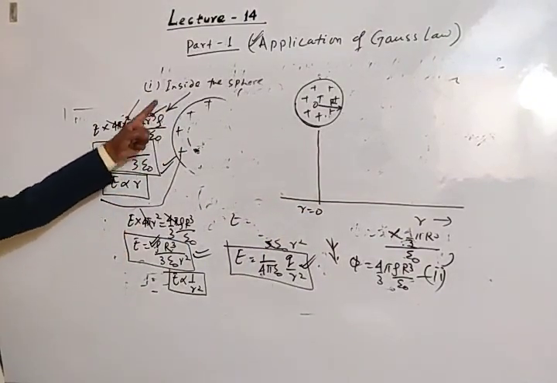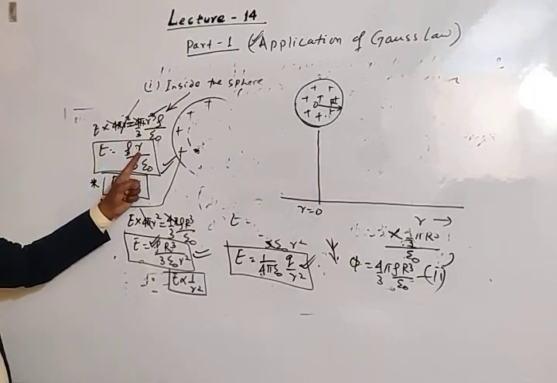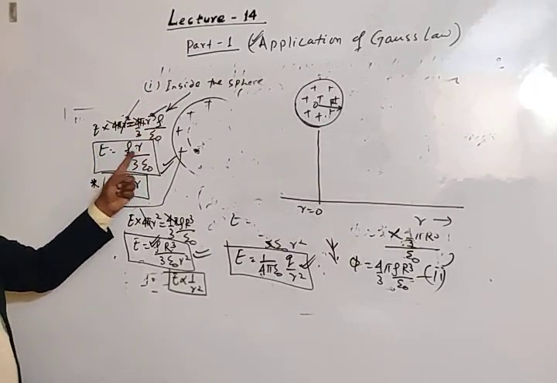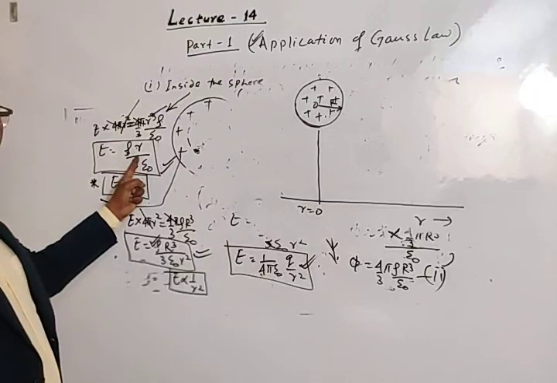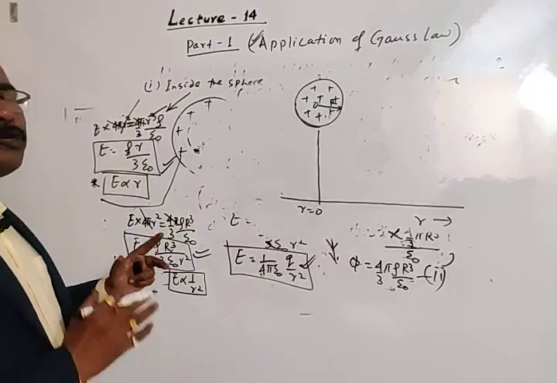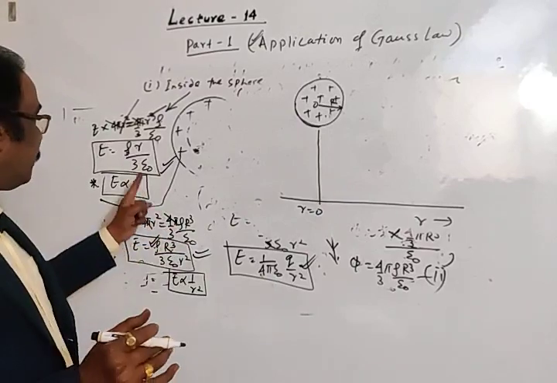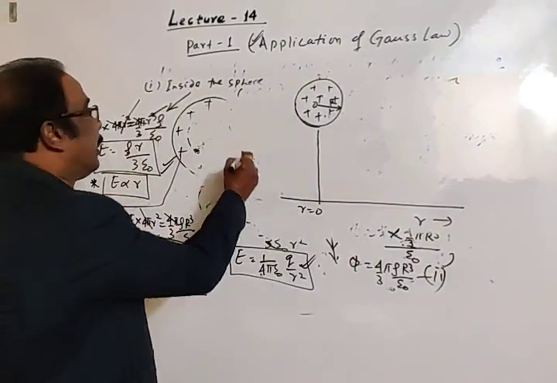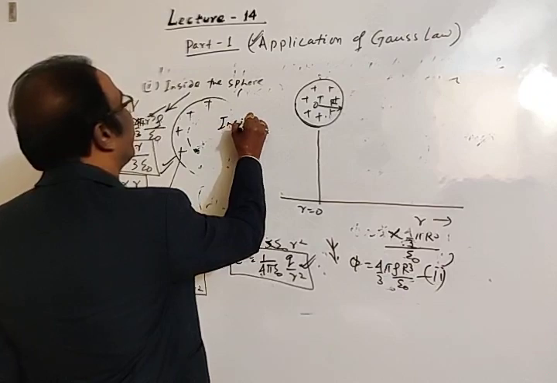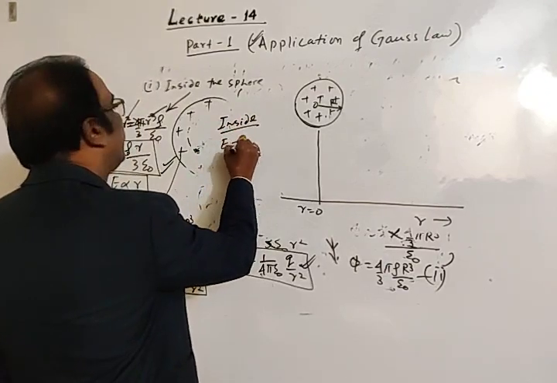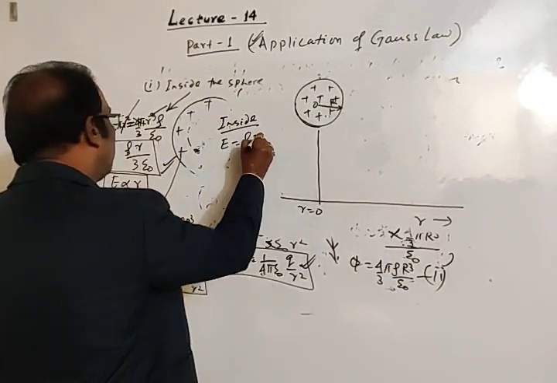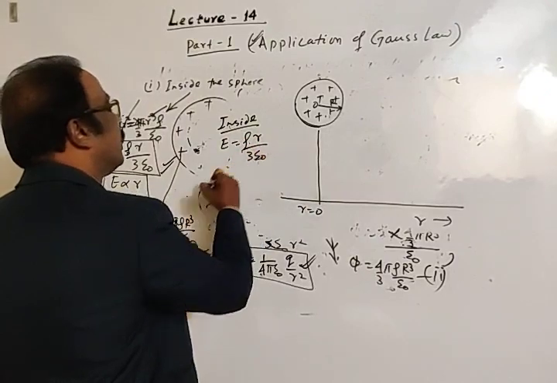Inside the sphere, this is the formula for electric field, for a sphere which contains uniform volume distribution of charge. E inside is volume charge density times r divided by 3 epsilon naught.